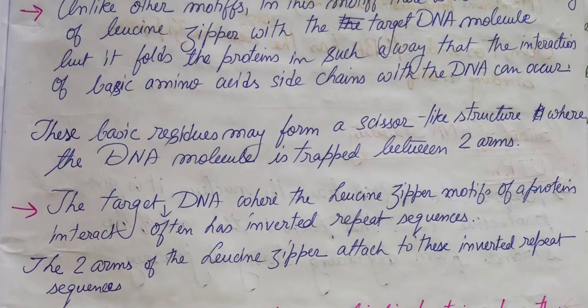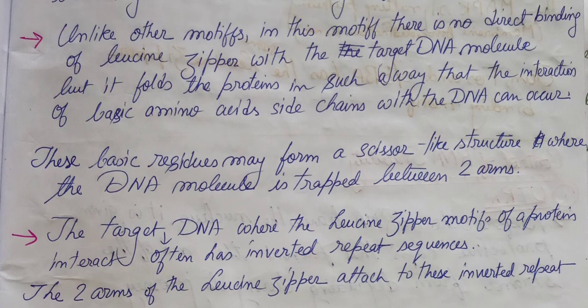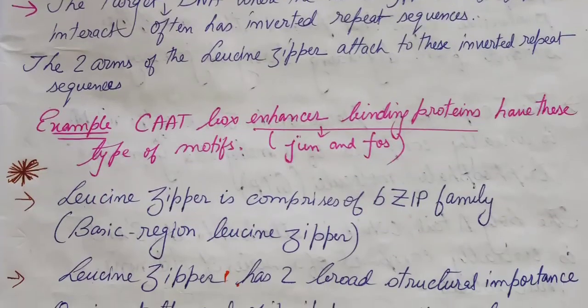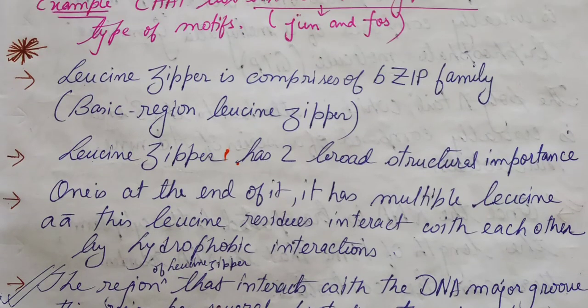It forms a scissor-like structure where the DNA molecule gets trapped between the two arms of this leucine zipper. And I have also said that unlike other motifs, this motif has no direct binding of leucine zipper with the target DNA molecule, but this leucine zipper folds the protein in such a way that interaction of the basic amino acids with the target DNA molecule can occur. So this leucine zipper comprises your basic region leucine zipper.